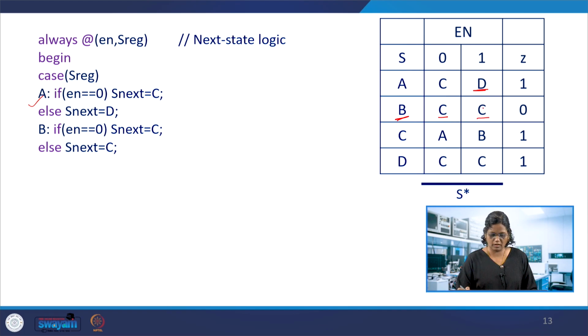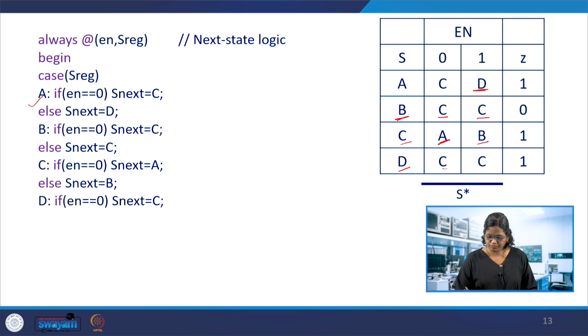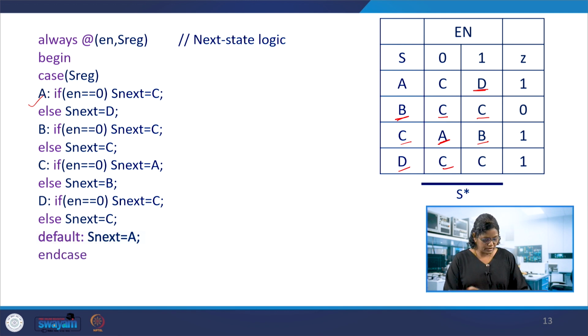Else also C. If at the current state C, the next state is A, or next state B. That is the code. For D, if enable is 0 this goes to C, or it also goes to C. That is default. And then next you can have a 0 0.